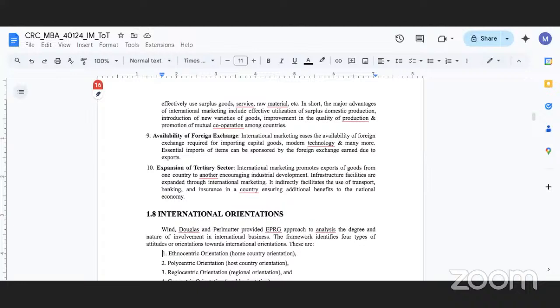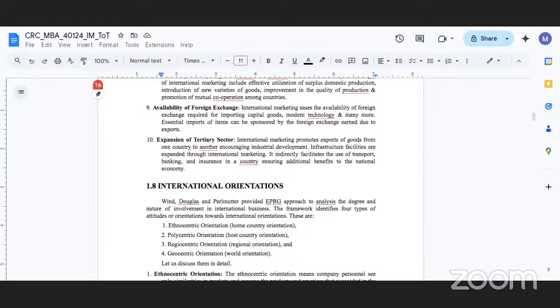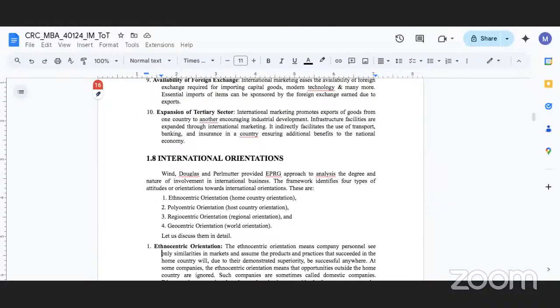So it is an indirect sale that is happening, but at the same time, it also indirectly facilitates the use of transport, banking, and insurance in a country, which is like a transit point to another country or another market.